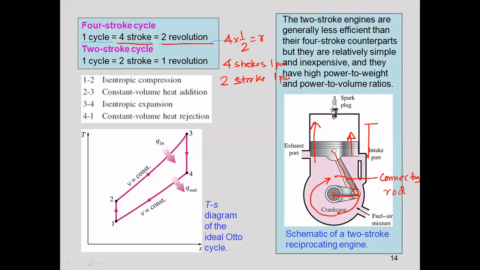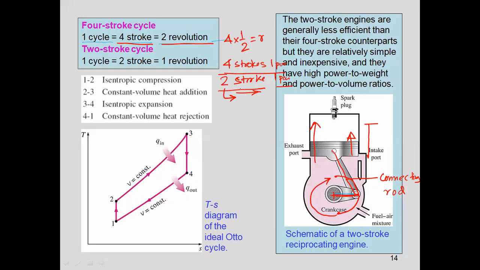So the ratio of power stroke to the total number of strokes is more in a two stroke compared to a four stroke. Now the power stroke is the one which is responsible for generating power. So it is assumed that a two stroke cycle will produce more power compared to the four stroke. So that is a gross difference.